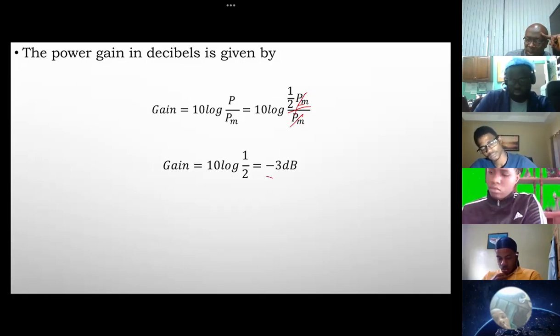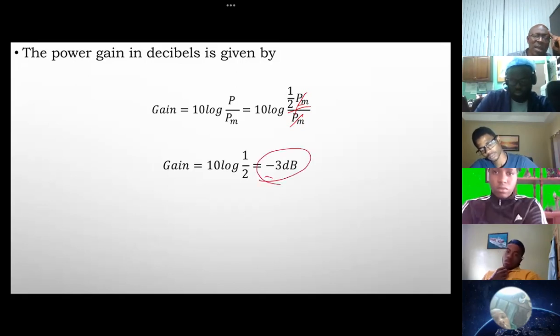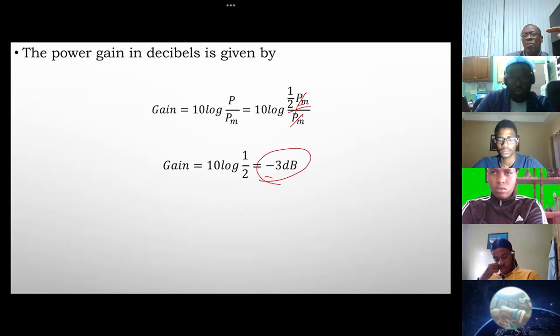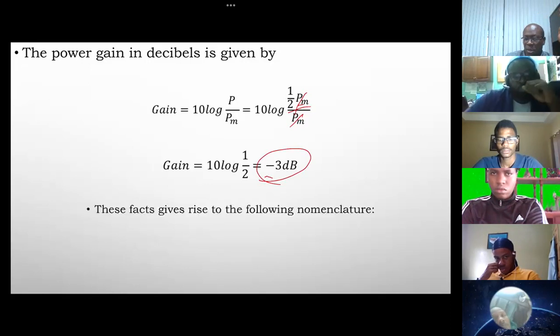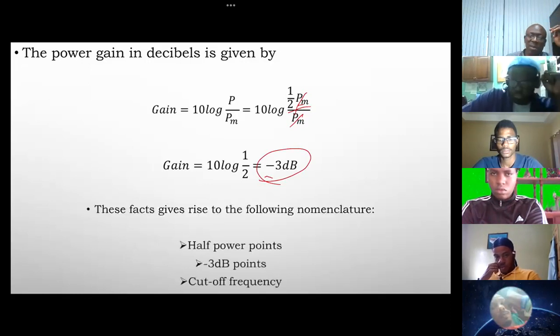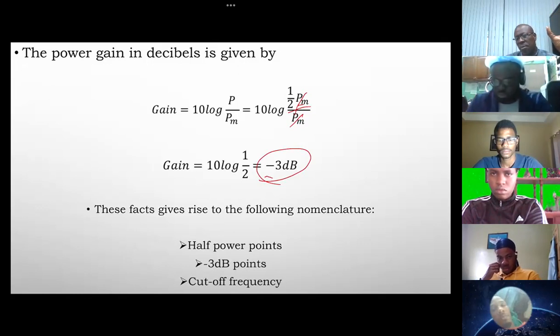So, a couple of things. One, we have the gain at this point being minus 3 decibels. And two, we have that the power is halved at these two frequencies. Because of that relationship, we have these names applied to those 2 points.